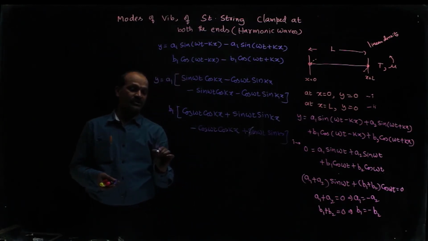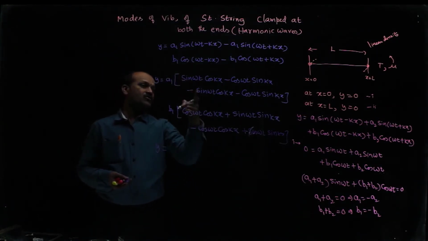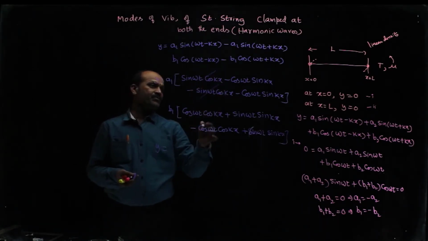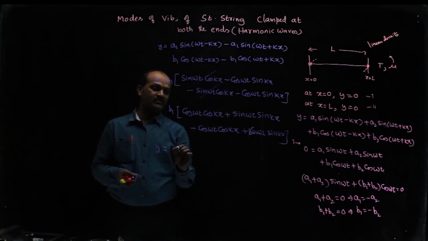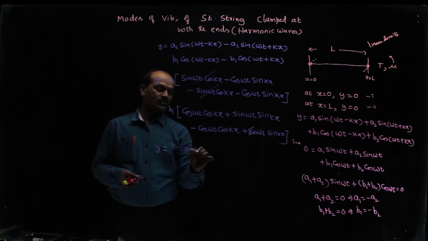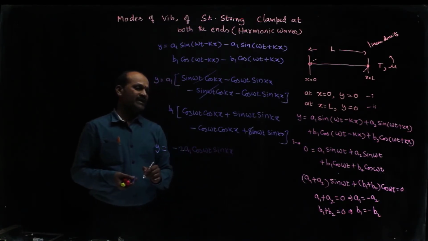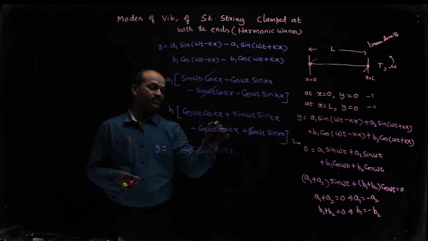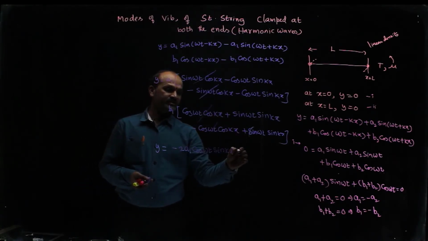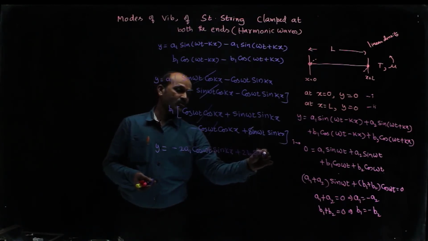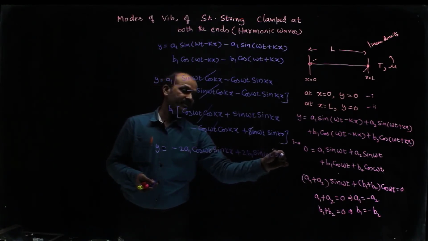So here we get sin omega t cos kx terms, we can cancel these two terms. Remaining is minus 2a1 cos omega t sin kx. Here cos omega t cos kx, we can cancel these two terms. We get plus 2b1 sin omega t sin kx.